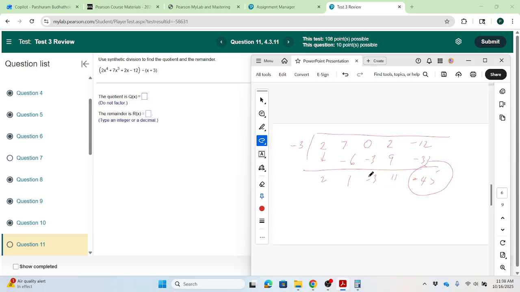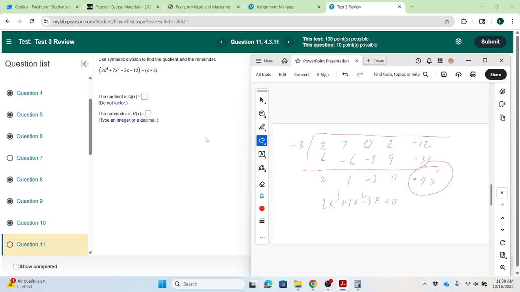And this gives us the quotient. So always write down the quotient starting from here. 11 plus negative 3x plus 1 times x squared plus 2x cubed.